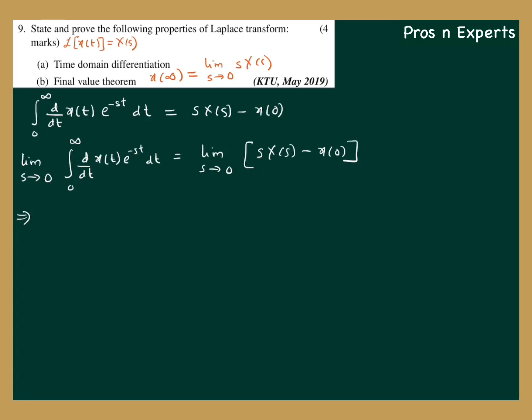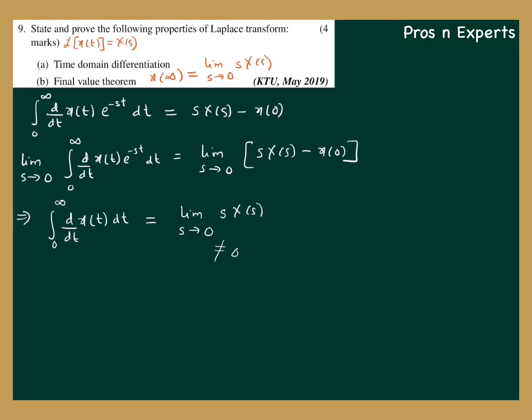So that implies integral 0 to infinity d by dt x of t into 1 dt. That is equal to, what is limit s tends to 0 of s into X of s? You might jump to the conclusion that it is 0, but it is not equal to 0.